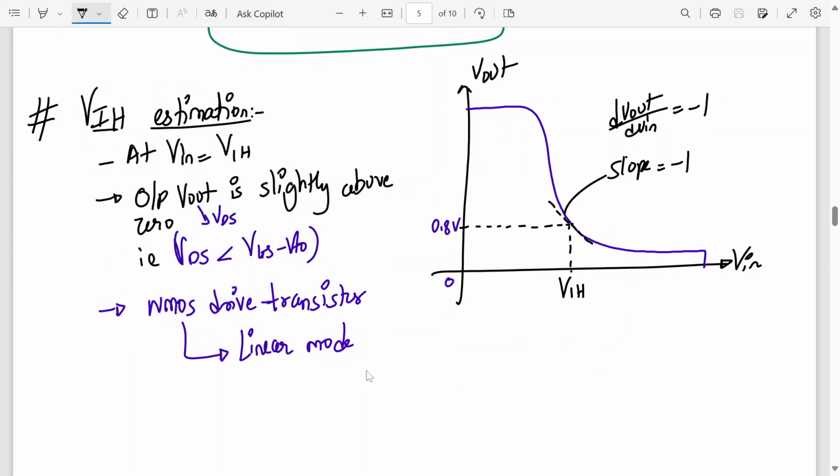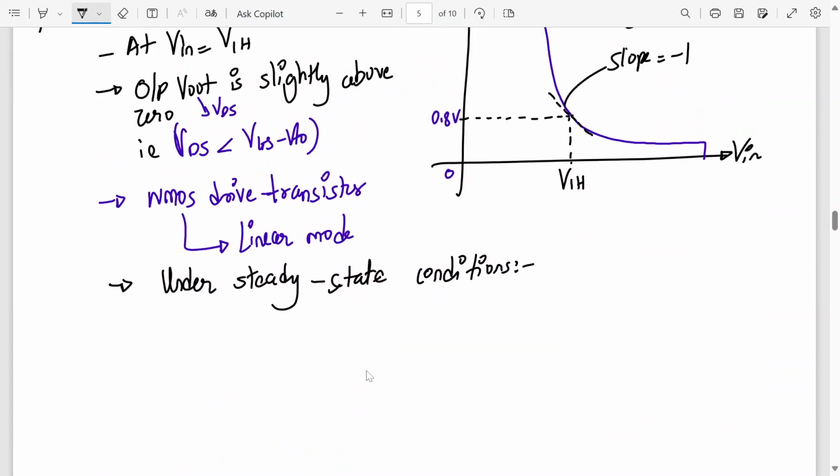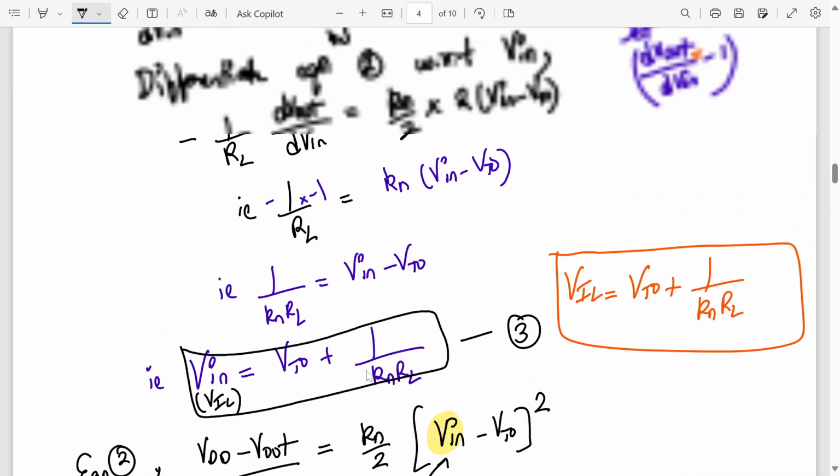Can I go ahead now? So now we can say under steady state conditions, what can we write? We have written only one formula again and again. So IRL is equal to ID linear. And what was IRL? IRL we have written many times.